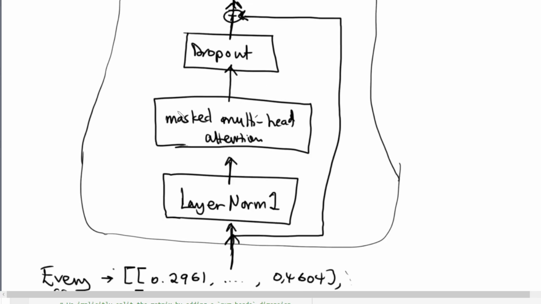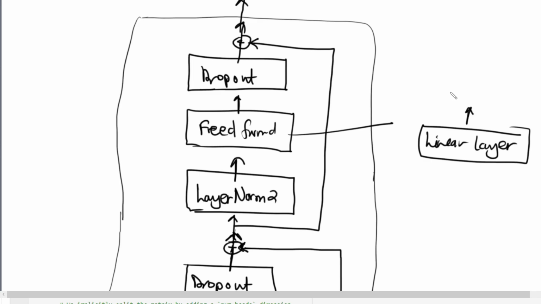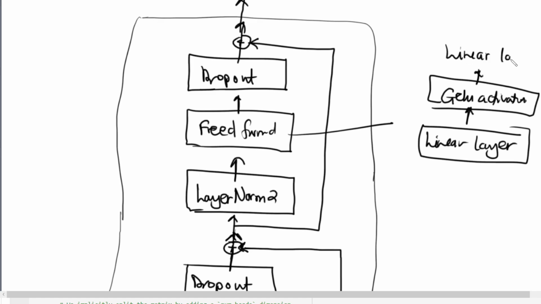For our feed forward, we are going to have a linear layer, GELU activation, and another linear layer.